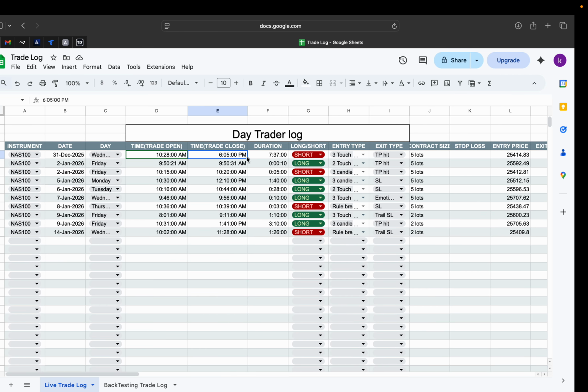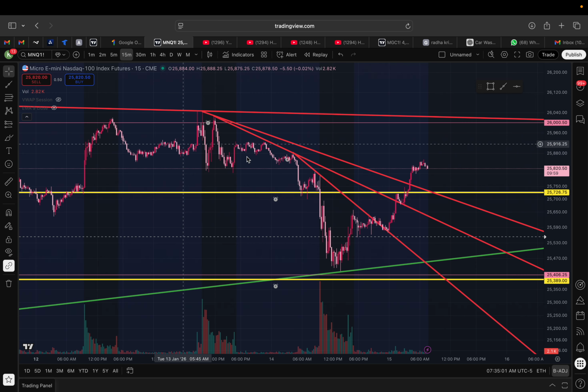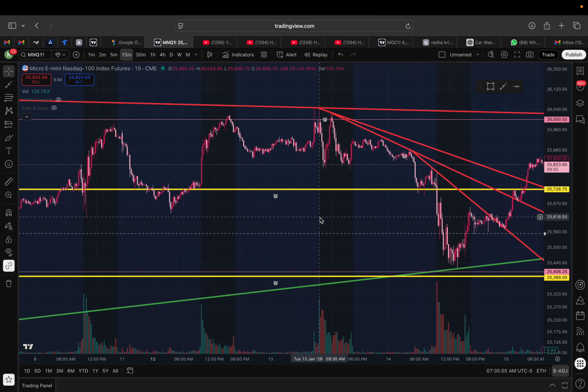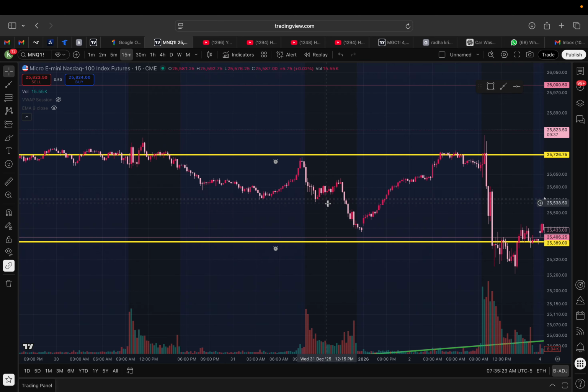So let's go back there and check my trades. This is TradingView, and we are going to go back to December 31st. Let's see why I took this trade.